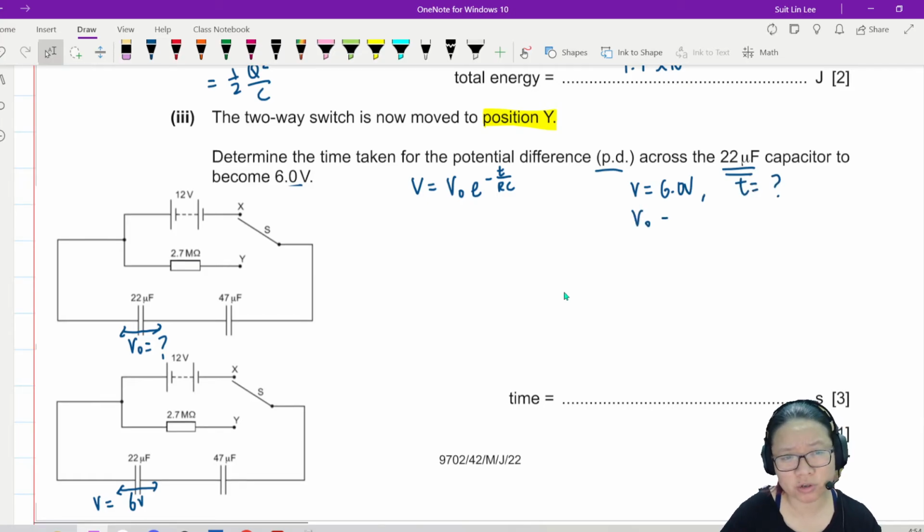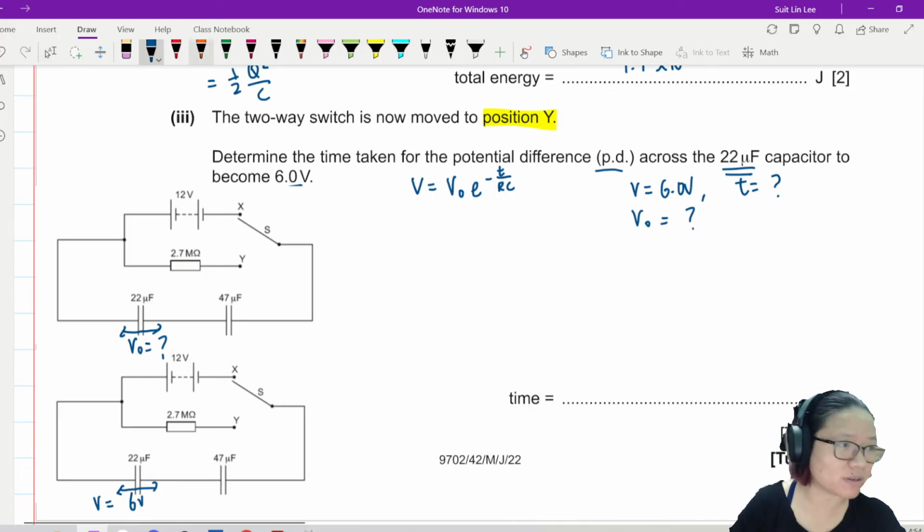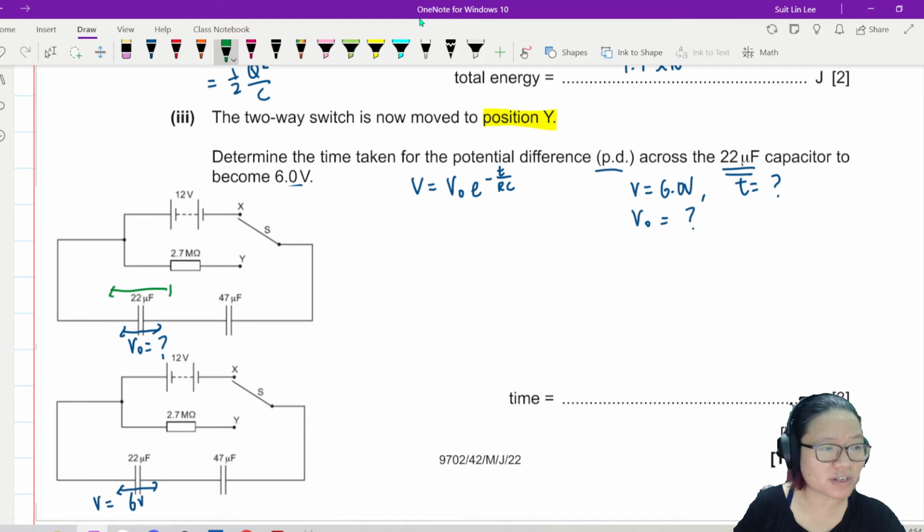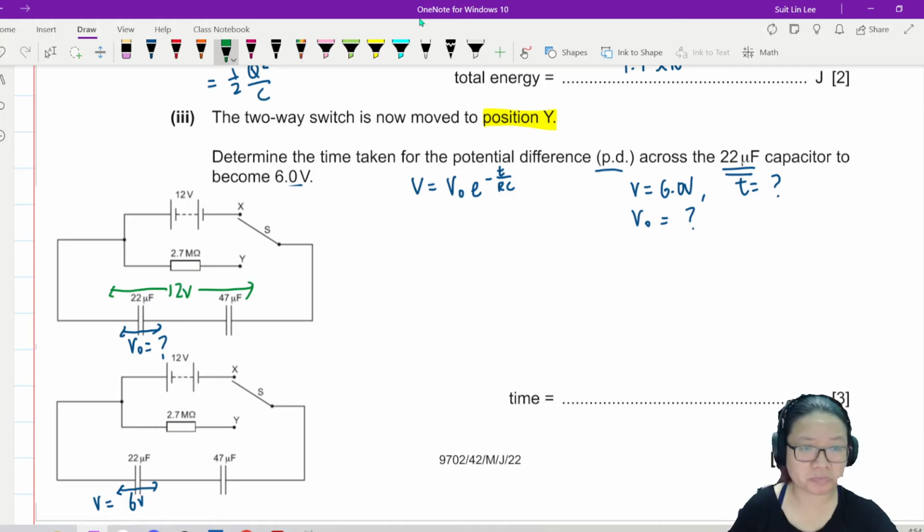Do we know what V naught is? If you're thinking V naught is 12, then I will unfortunately say it's not 12. 12 is everybody, the whole thing. V naught is less than 12, because they are in series. Whatever it is, not 12.